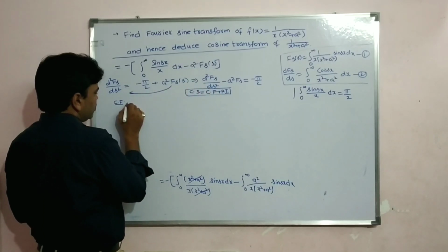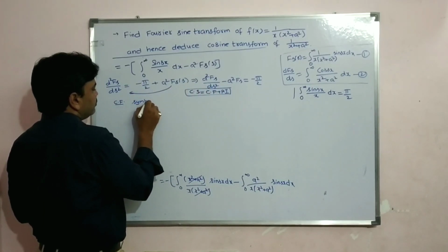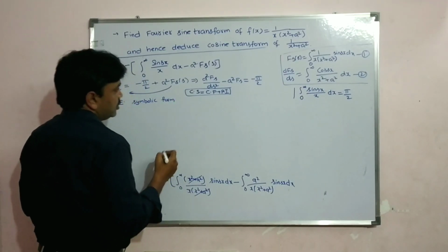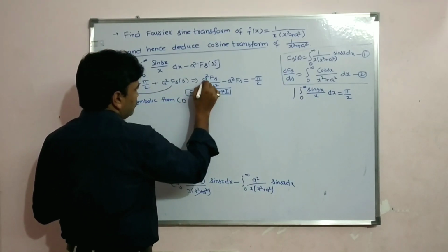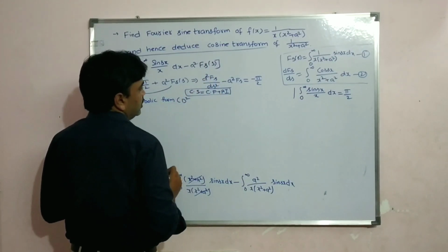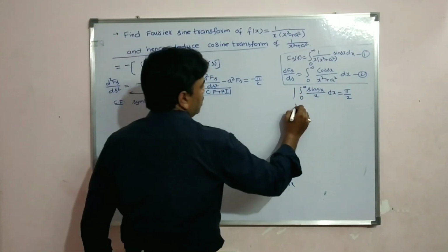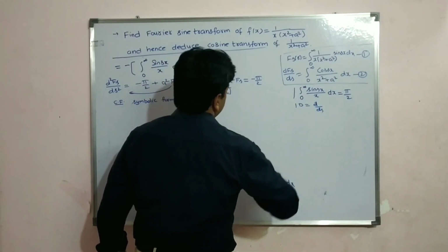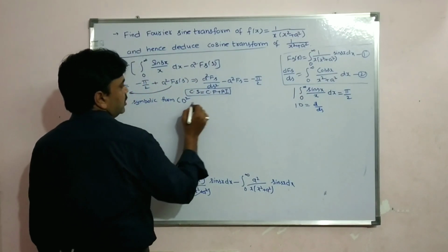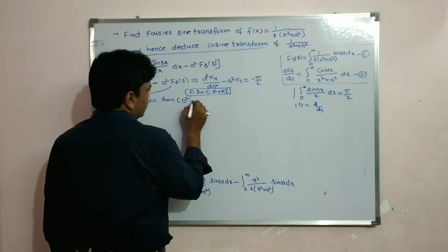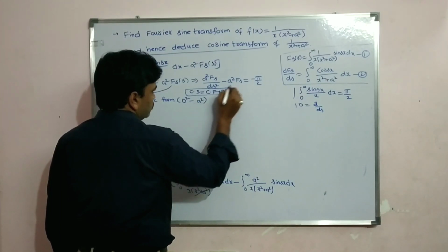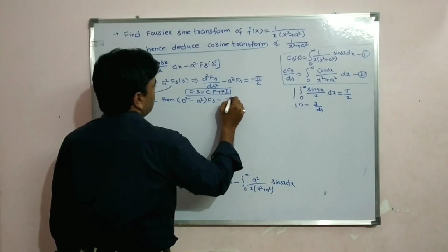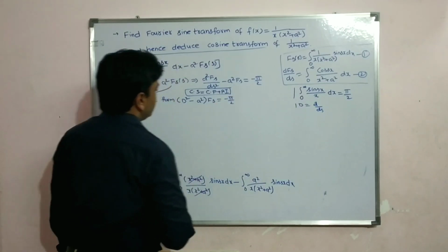Now what is the symbolic form here, students? Symbolic form means you write in terms of D, so D², where capital D means d/ds. D² minus a² times F(s) is equal to minus π/2.